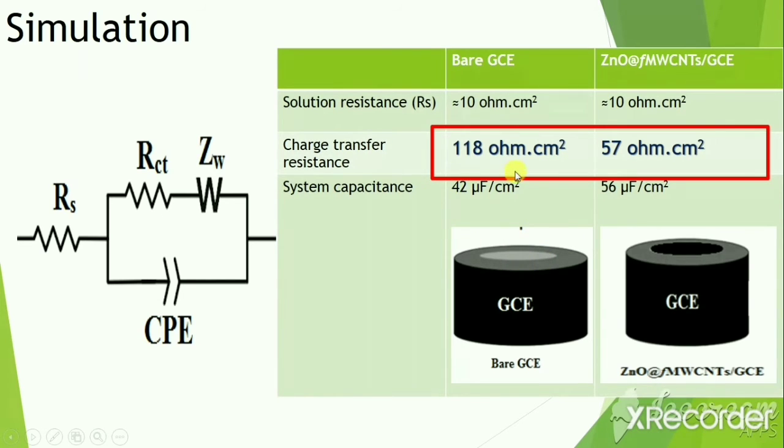If you can see here in the table, there is a decrease in the charge transfer resistance if you compare the bare electrode and the modified electrode. This is the most important thing in our work: to decrease this resistance and at the same time increase the system capacitance to make the sensor perform well.